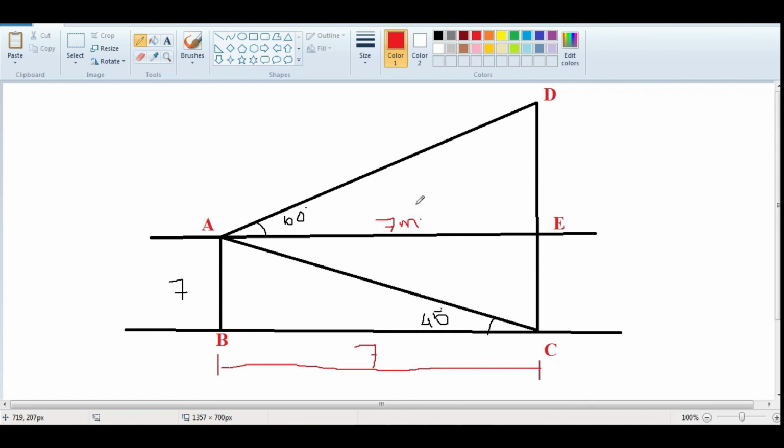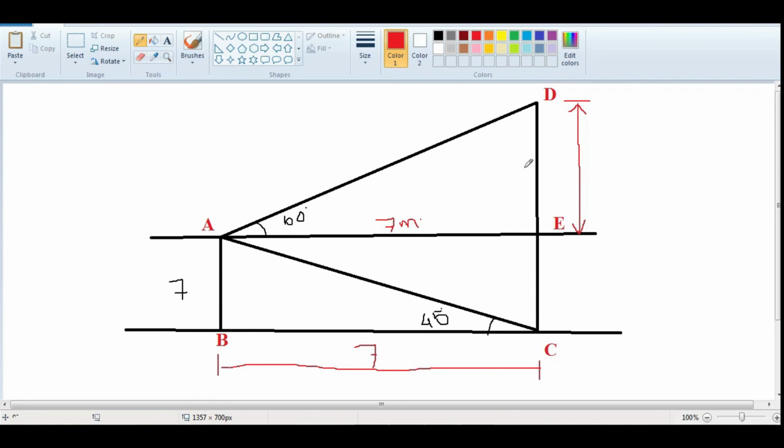Now we can apply the tan formula again in triangle ADE, so that we can find out this height. But it won't be the height of the entire tower, okay? It's the part of our height.